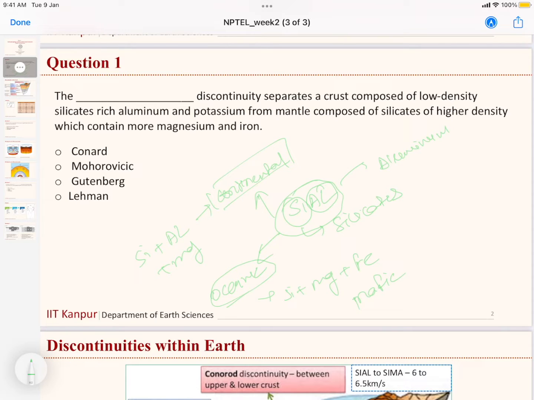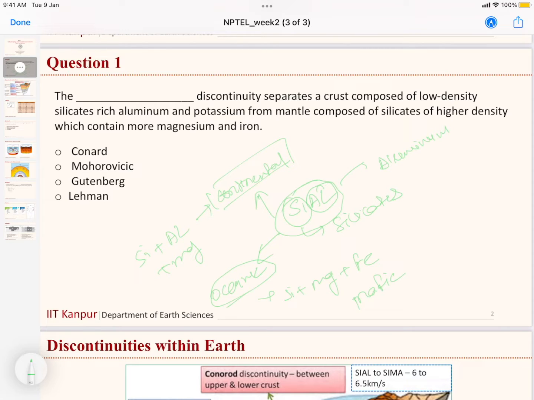Now the question asks about the discontinuity. But the first question is what these discontinuities are and how they are generated. Whenever there is a difference in composition, which can be attributed to a difference in density or phase change, we encounter these kinds of discontinuities.